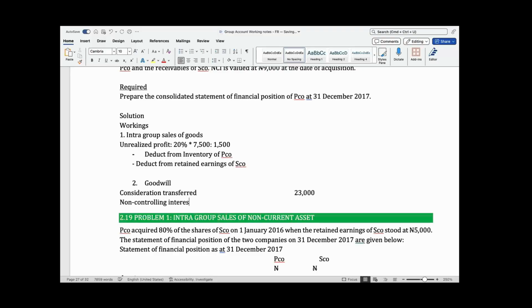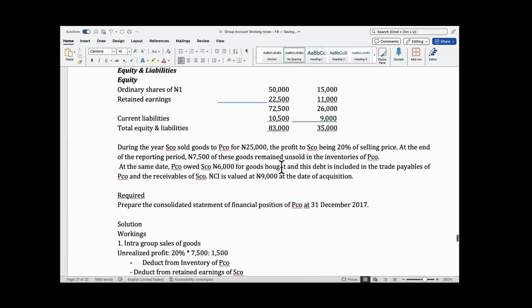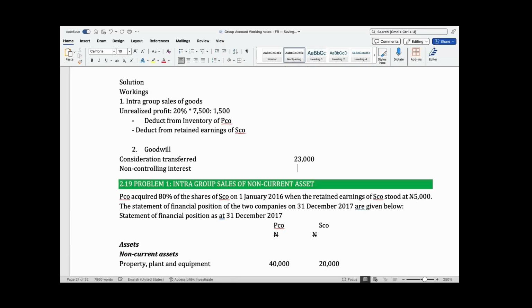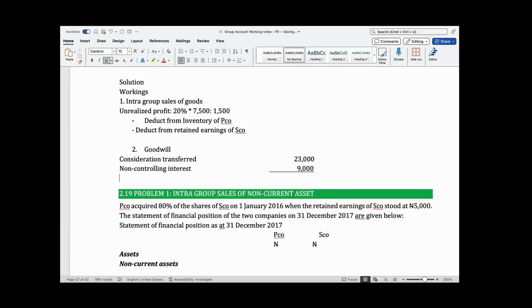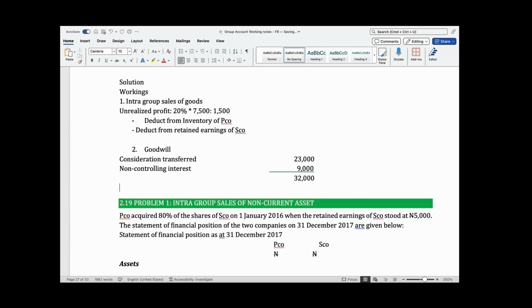Fair value. How much did they give us as NCI? 9,000. So the addition gives me what? 30,000. Then net asset acquired.